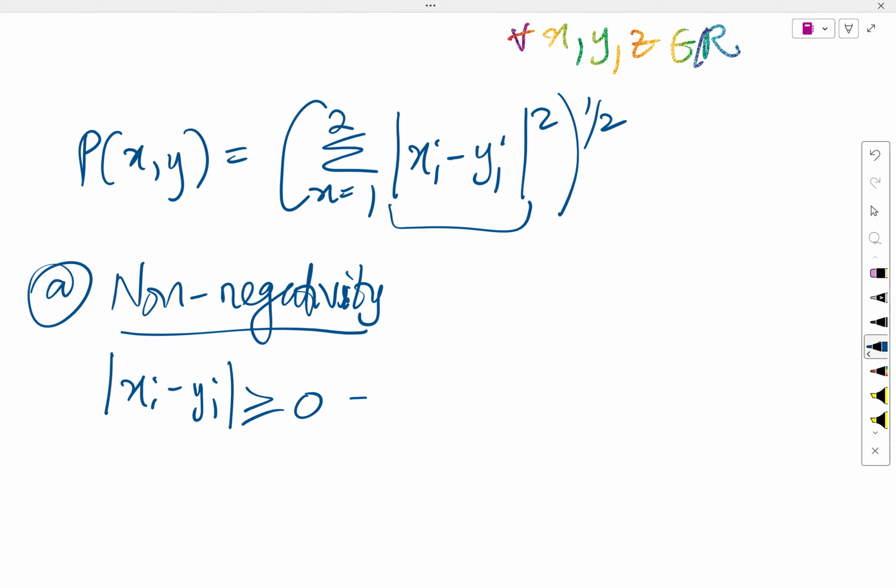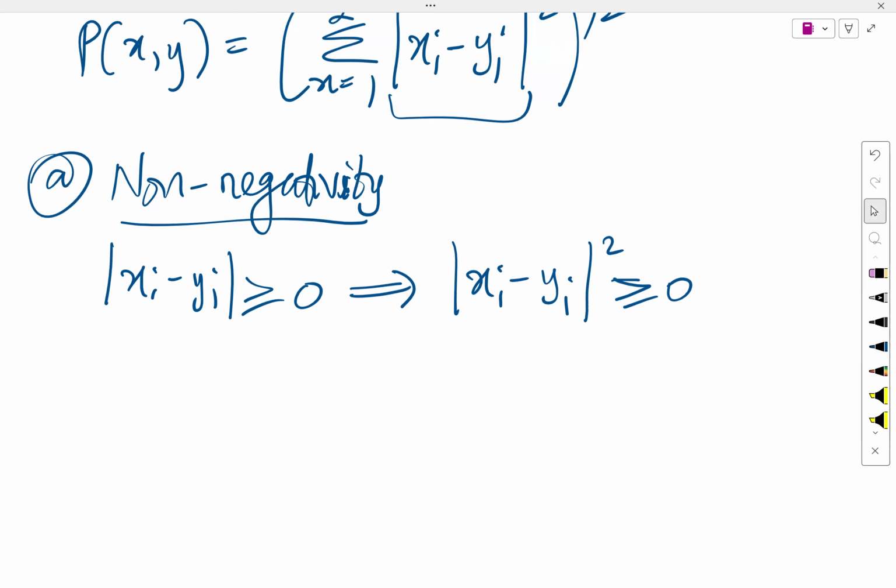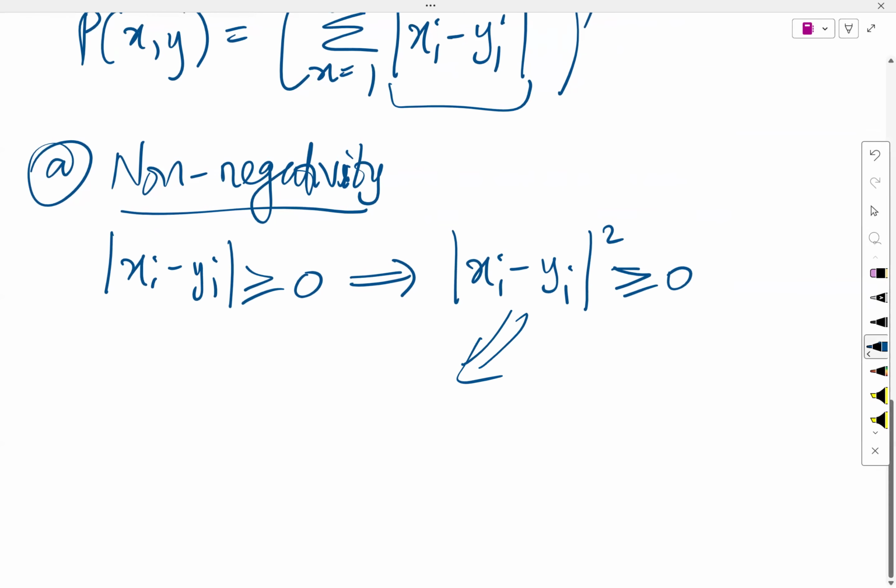And even if you now square it, that is still greater than or equal to 0. And if you still sum it up, from i equals 1 to 2, summing it up is still positive.